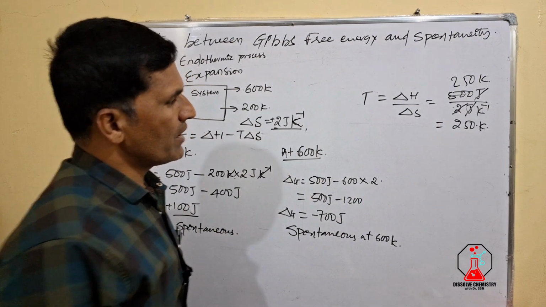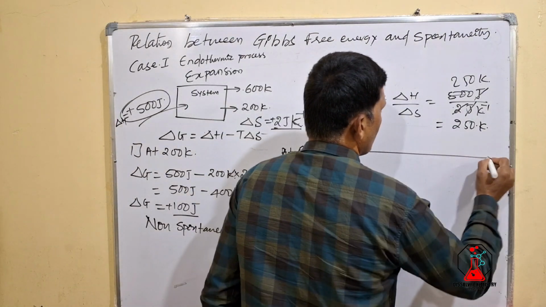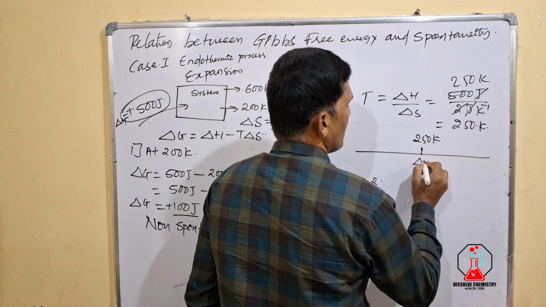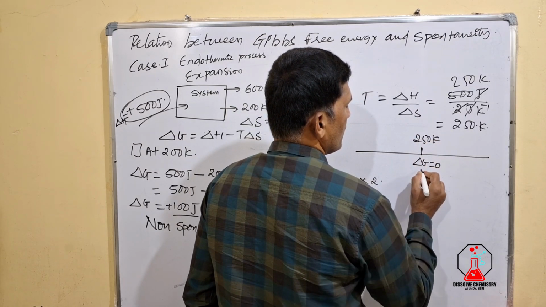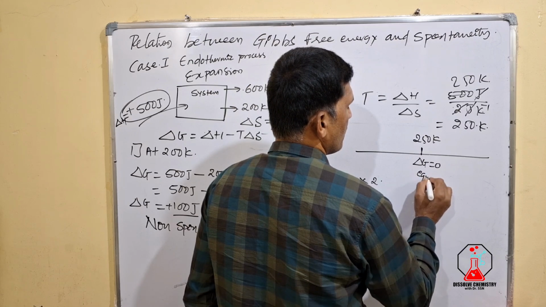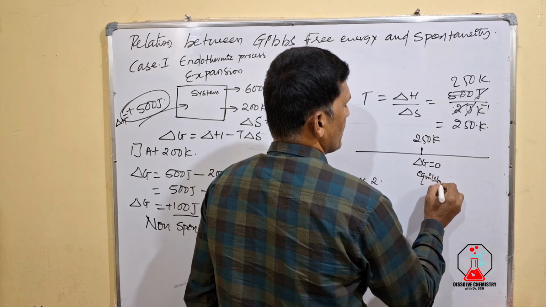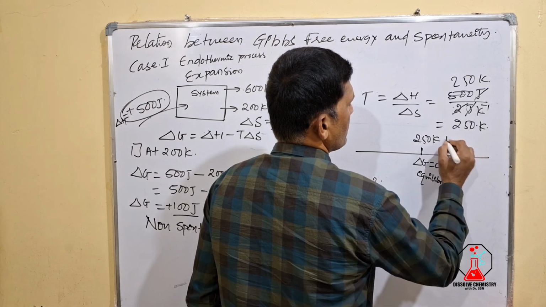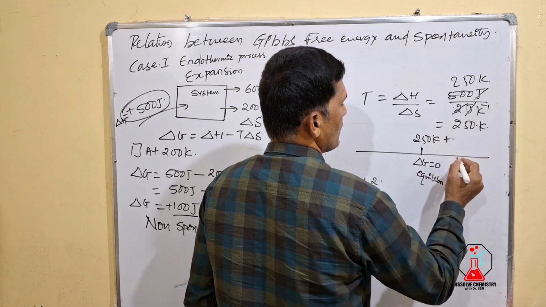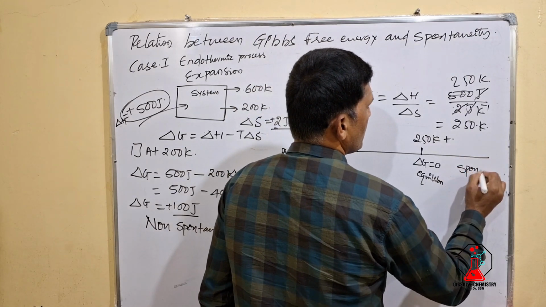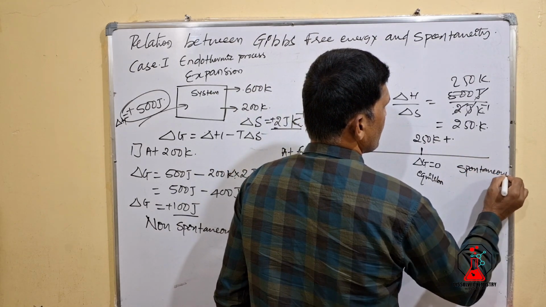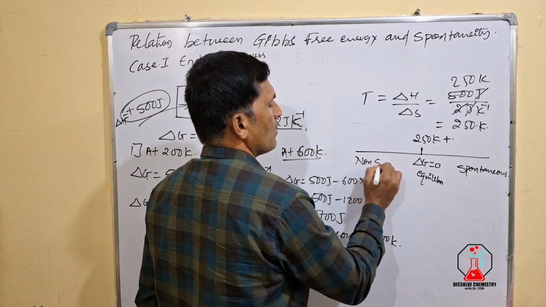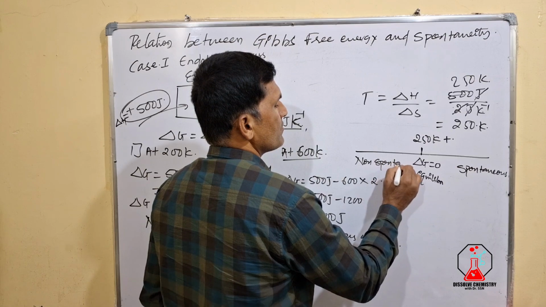So how can we make out the scale? At 250 Kelvin, delta G is equal to 0 and your process is at equilibrium. If you go beyond this temperature, your process is said to be spontaneous, and below this temperature your process will be non-spontaneous.